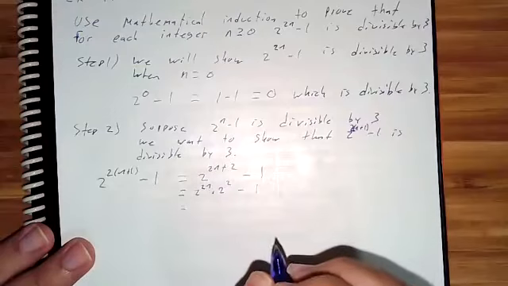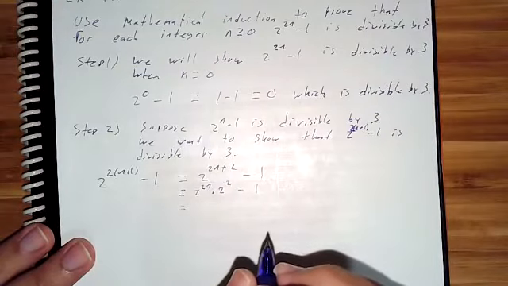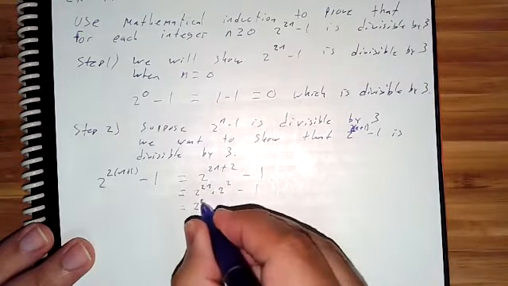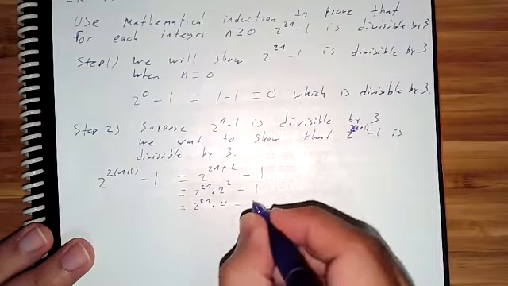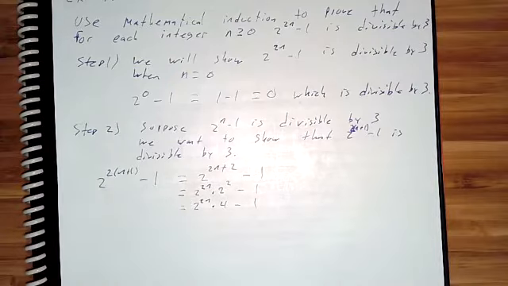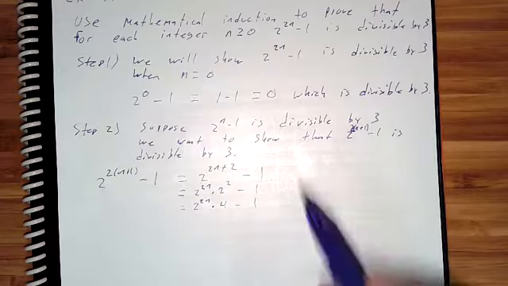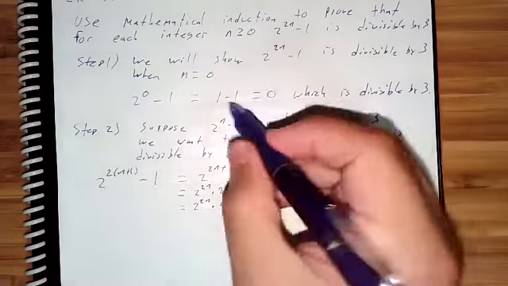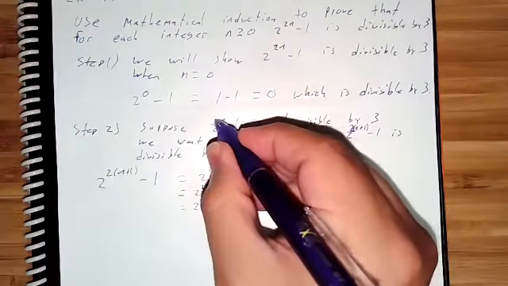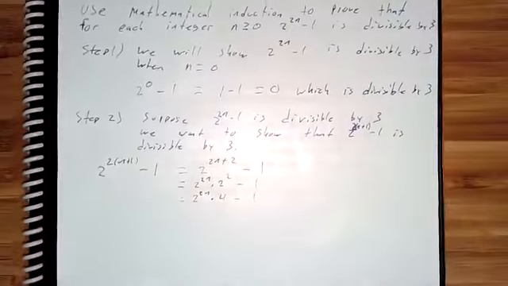Which is the same as 2 to the 2n times 4 minus 1. That should be 2n right there. Sorry about that.